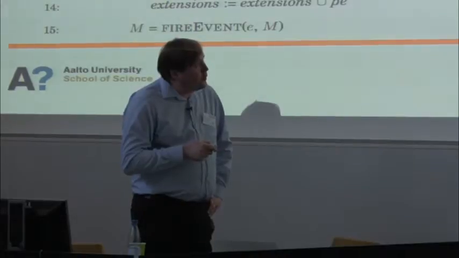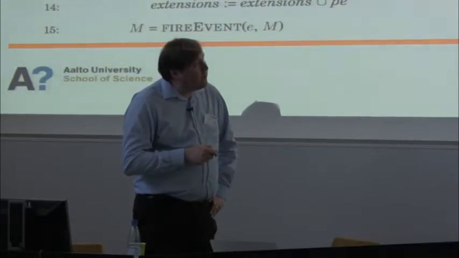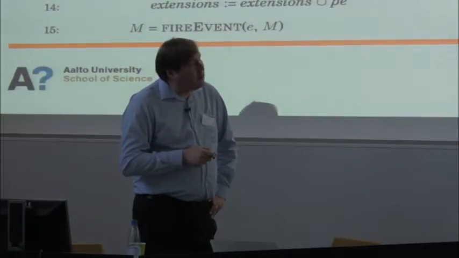Then we go through the statement sequence, and figure out for each event if it's not in the unfolding. If it's something new we haven't seen before, then we add the event to the unfolding. We remove it so we don't go through it again in this while loop. So we actually do terminate eventually.